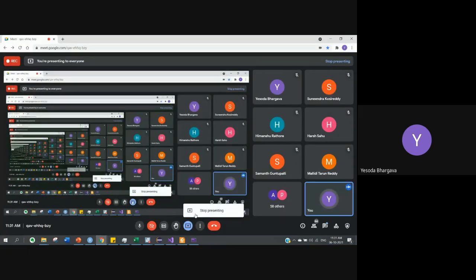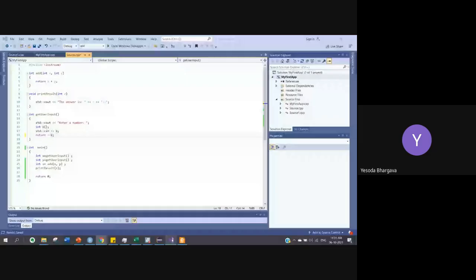Now I'll briefly change something in the code, and then I'll ask you again what is the problem here. So I have changed something in the code. Okay, but the old issue we have solved, and now I'll try to run it again.